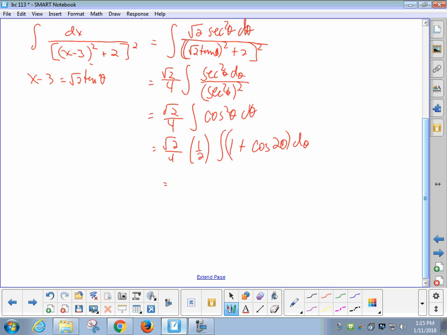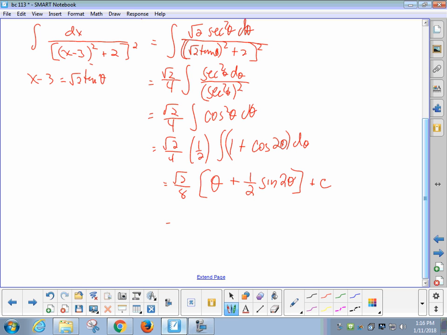Okay, so root 2 over 8, antiderivative, please. Theta plus one half sine of 2 theta plus C.